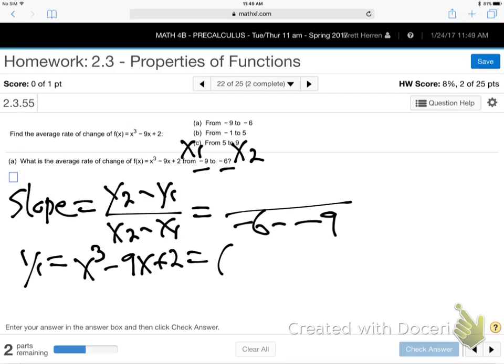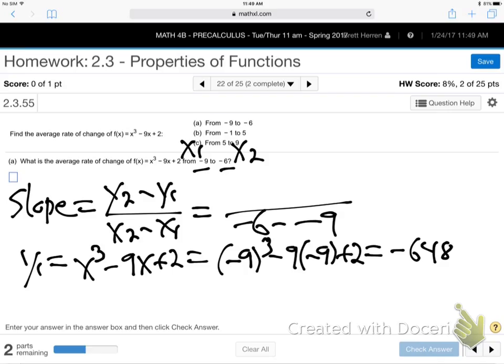So plug in, what's x1? -9, so -9 cubed minus 9 times -9 plus 2. What is that? Somebody got an answer for me there? That's messy. 729 plus 81, it's like 800 and something. No, that's negative. Negative 648. That sounds about right to me.